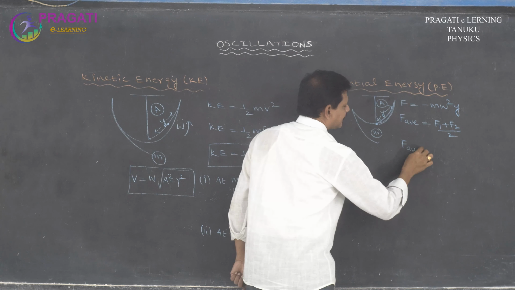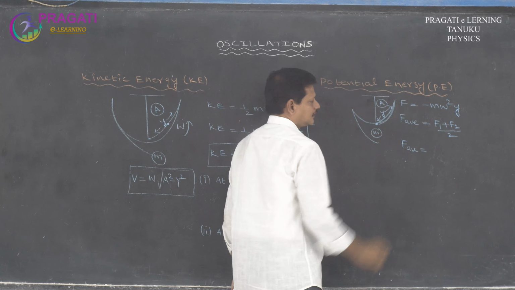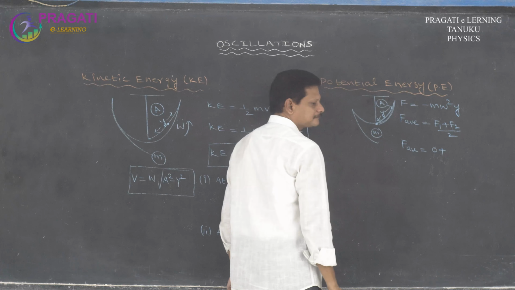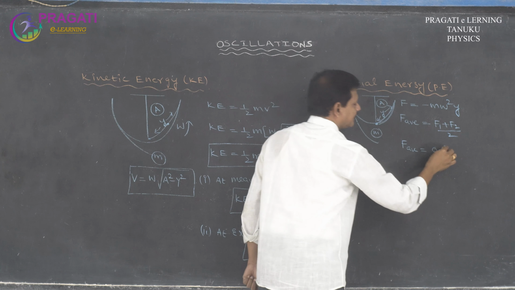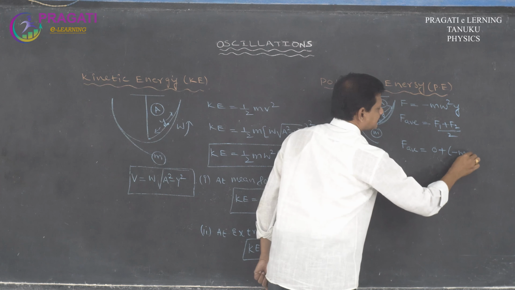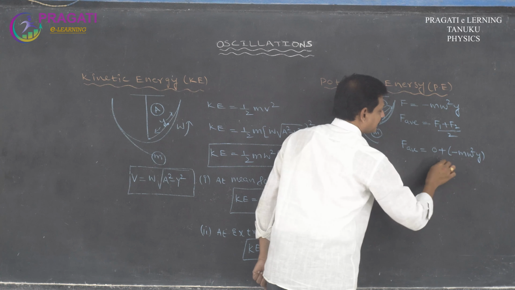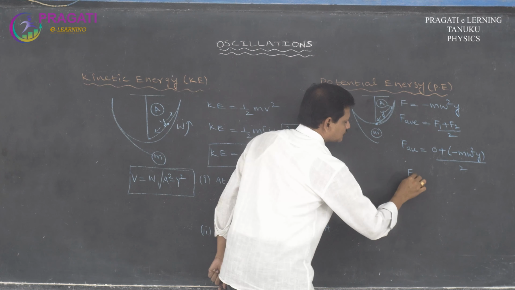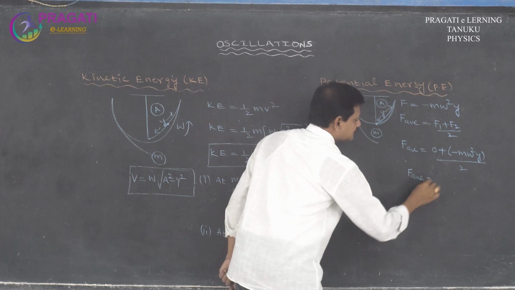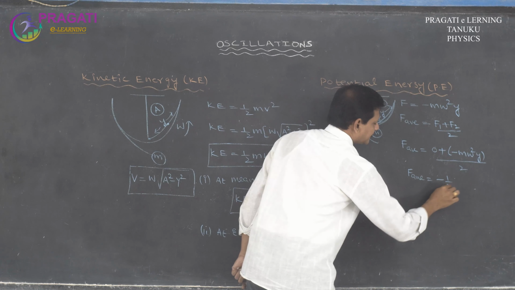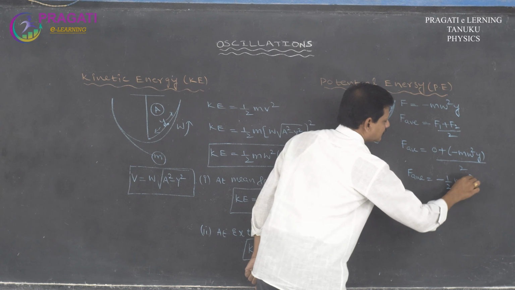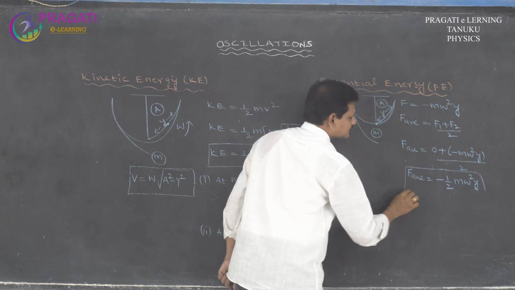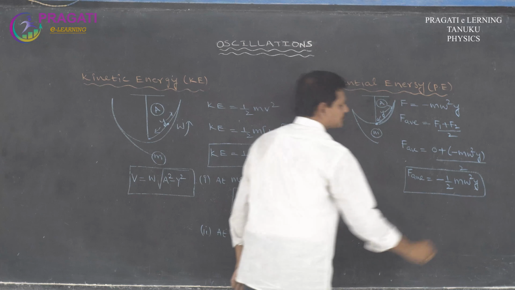So F average is equal to F1, that is 0 at mean position, plus F2 at a displacement y, minus m omega square y, by 2. So F average is equal to minus 1 by 2 m omega square y, is the average force acting on the particle during its oscillations.